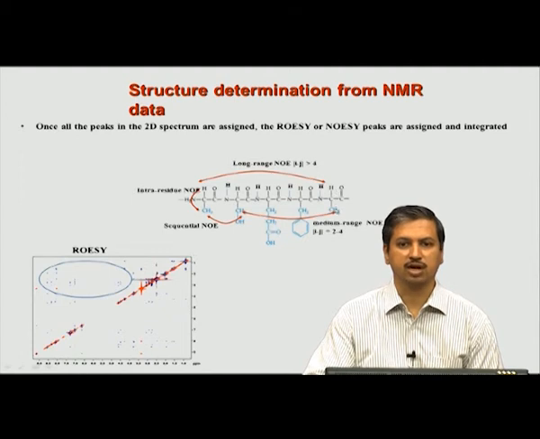You may also get a NOE between this atom and this atom or any combination, but if you see a cross peak, a chemical shift correlation, between two atoms which are far away in sequence but close in space, and that is i minus j is more than 4, then we use the word long range NOE. So, this is a long range NOE between two atoms.